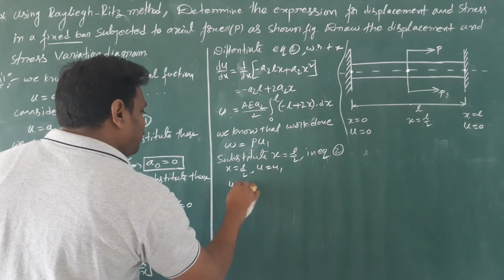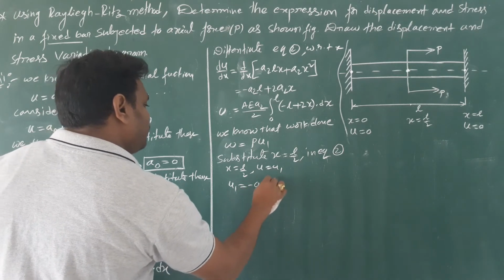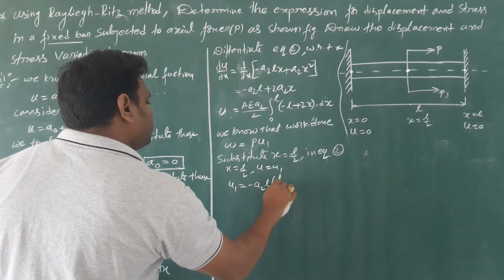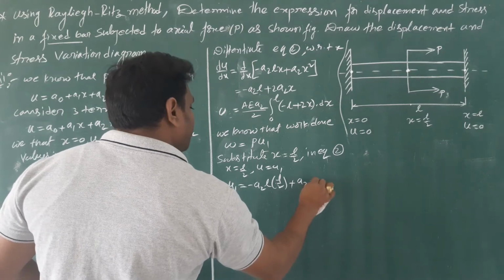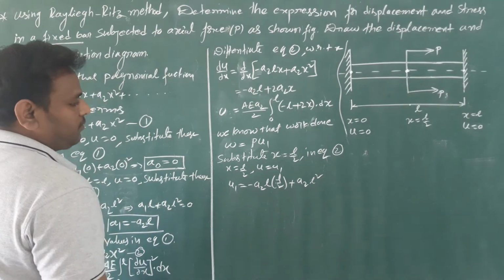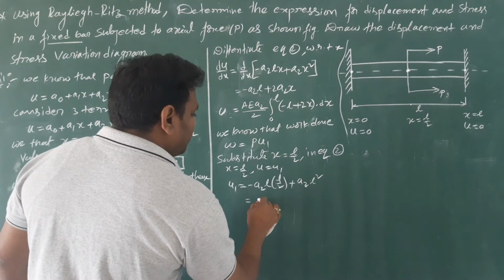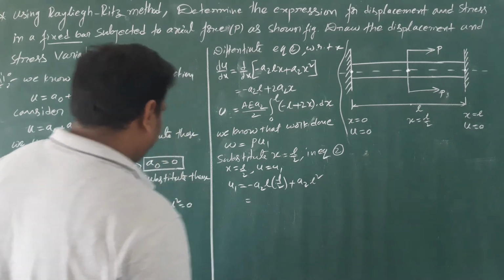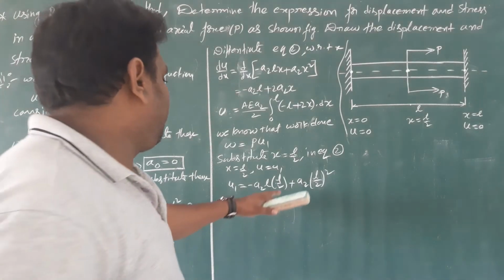Substitute here. U1 is equal to minus a2 into L, x value is L by 2, plus a2 into L by 2 whole square.